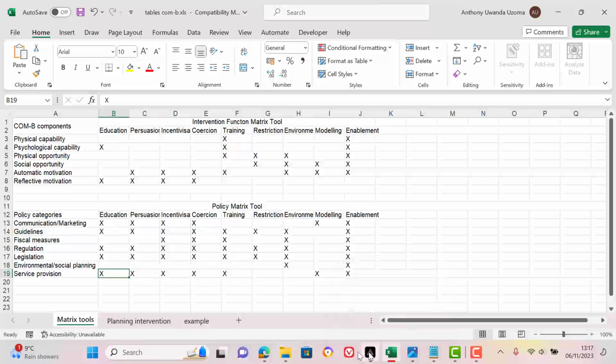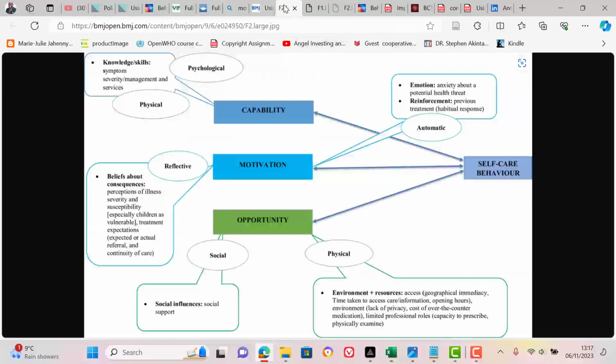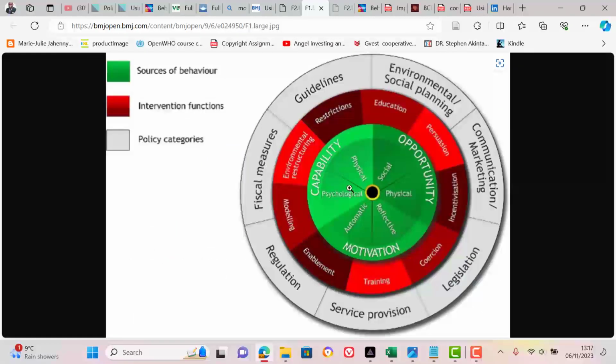So let's go back again to the behavior change wheel. The pregnant women attending antenatal care are struggling, their psychological capabilities are limited. So I can use any of the options here, either modeling, environmental restructuring, or restrictions.